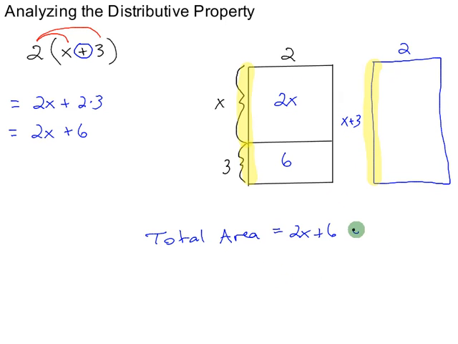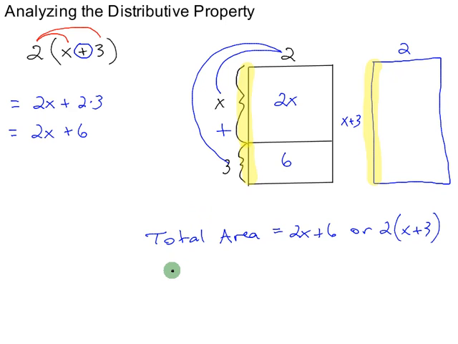So the total area of this rectangle would be 2 times the width here times the height, or the length, times the quantity x plus 3. So in this case, you can see that these two things are the same. You can see the 2 had to be multiplied by the x and by the 3 separately, and there was a plus in between. And that's what's going on when you look at the distributive property.